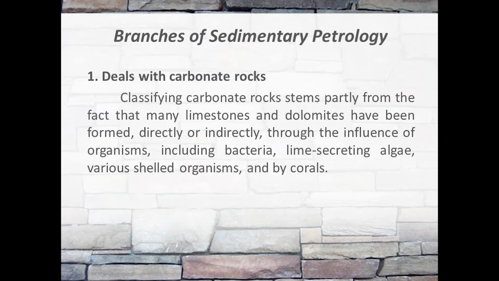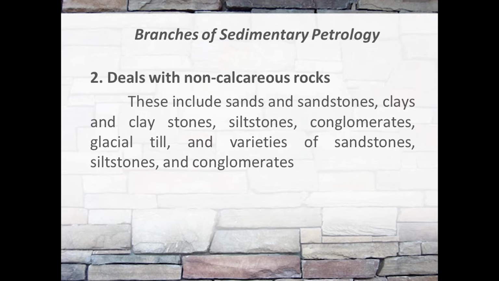Moreover, classifying carbonate rocks stems partly from the fact that many limestones and dolomites have been formed directly or indirectly through the influence of organisms including bacteria, lime-secreting algae, various shelled organisms, and corals.